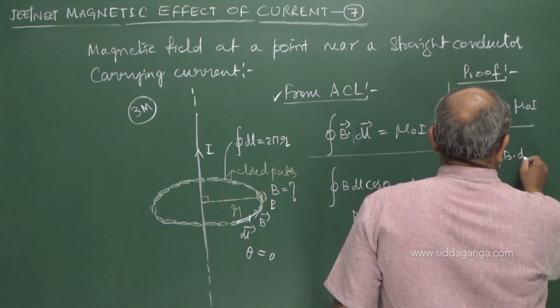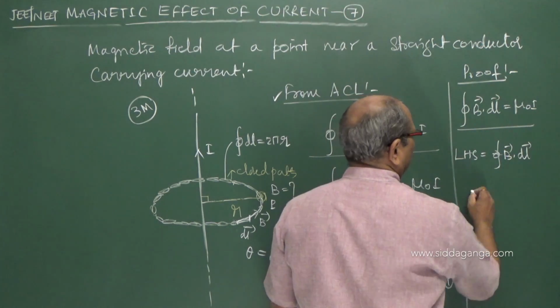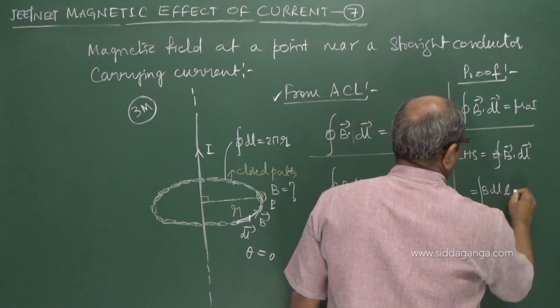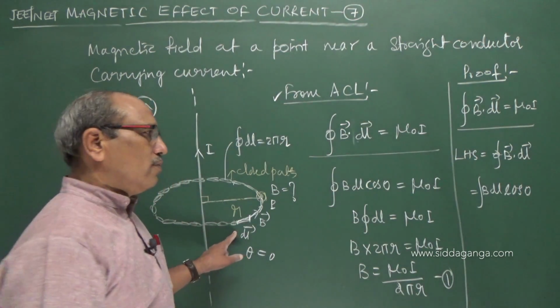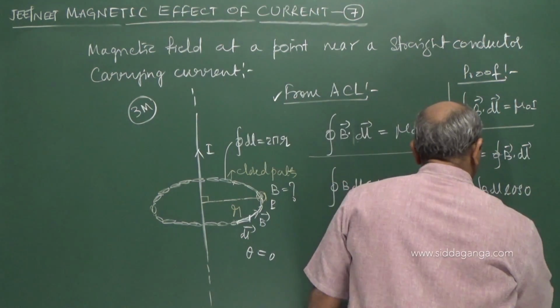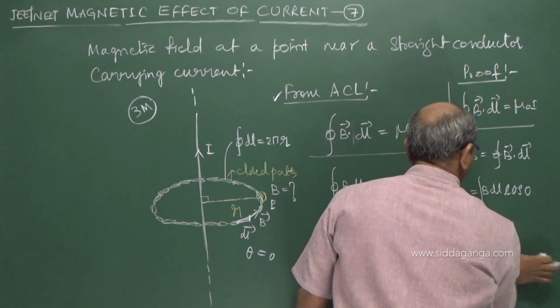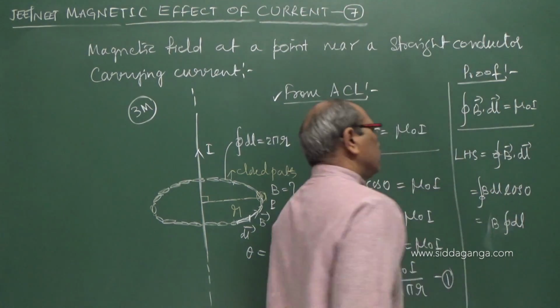B dot dl, the left hand side I take as the line integral of that. B into dl cos 0, that we already have. So this is equal to B into the line integral of dl.